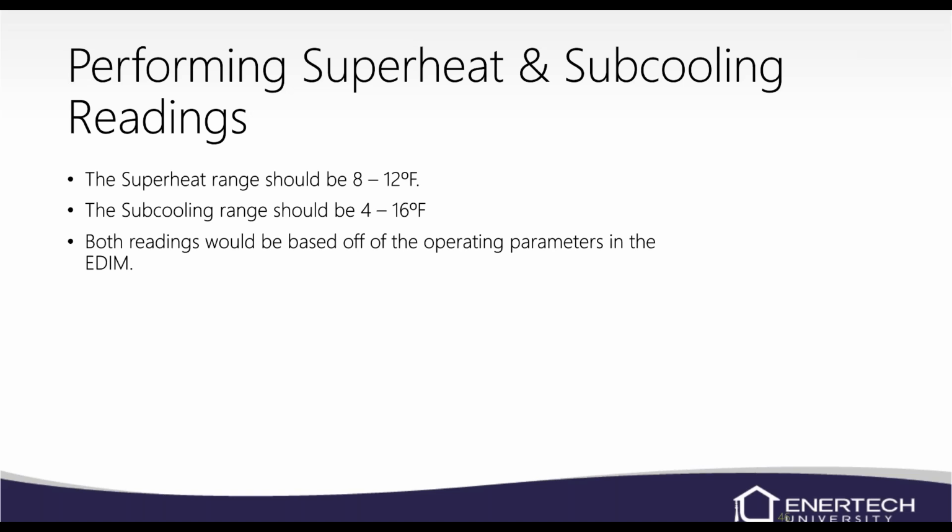You can always base them off of the parameters in the IOM or the EDIM, and it'll tell you. We actually have some extended data in there, and it'll tell you if your water temperature is 35 degrees and you're running 9 GPM, that you maybe should have 3.6 degrees of subcooling and 4.8 of superheat.